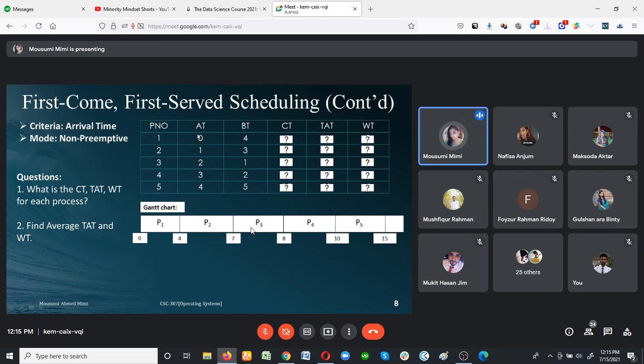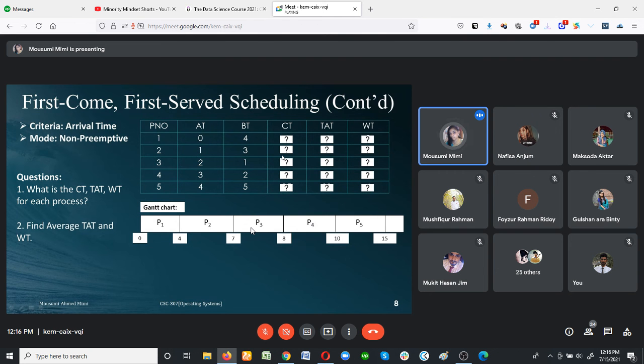Within 4 seconds, my other processes also come. Look, process 2 comes within 1 second, 3 within 2 seconds, 4 within 3 seconds, 5 within 4 seconds. So after that, process 2. As process 2 arrival time is 1 and the burst time is 3, 3 plus 4 equals 7.